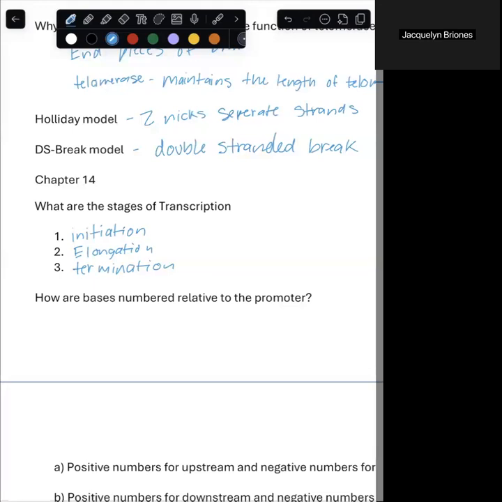In initiation, the RNA polymerase binds to DNA. In elongation, it synthesizes the RNA, and then termination is when the RNA synthesis stops.